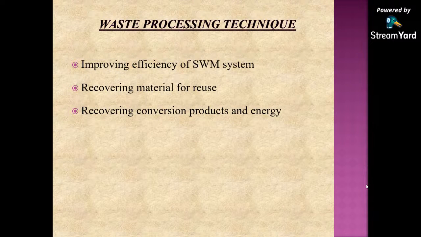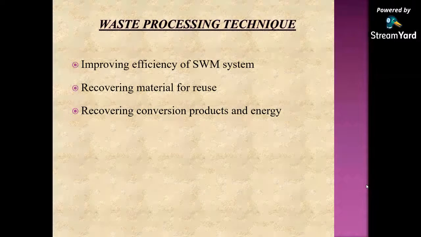If solid wastes are to be transported hydraulically or pneumatically, some form of shredding is also required. Shredding is also used to improve the efficiency of the disposal site. So by using techniques such as shredding, the efficiency of the solid waste management system can be improved.